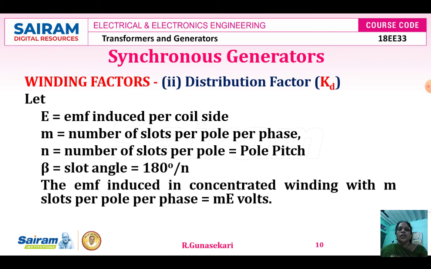Now let E be the EMF induced per coil side, m be the number of slots per pole per phase, and n be the number of slots per pole, that is equal to the pole pitch. Beta is the slot angle, that is equal to 180 degrees divided by n. The EMF induced in the concentrated winding with m slots per pole per phase is equal to mE volts.